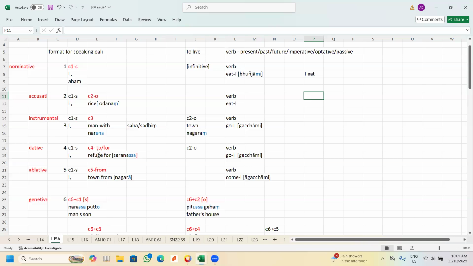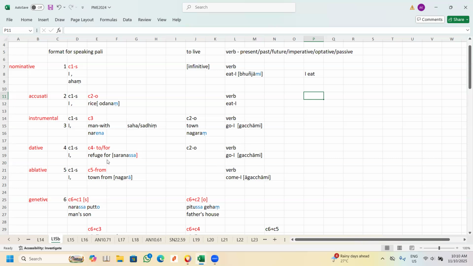That means your dative will come immediately after the subject. For instance, here, this is the dative. The word sarana is a stem; saranasa. In this case, gachami is the same: I go for refuge.